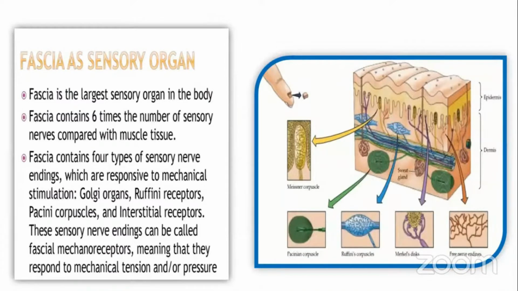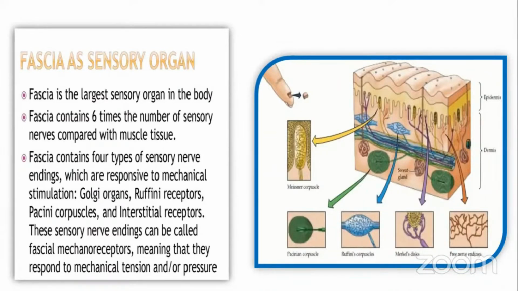Keempatnya ini sangat penting yang terkait dengan fascia ini, karena keempatnya ini bertanggung jawab pada stimulasi mekanikal atau mechanical stimulation, dan keempatnya ini Golgi organ, Ruffini receptor, Pacini corpusculus, correct me, and then interstitial receptor itu disebut dengan mechanoreceptor, yang berarti bahwa memberikan respon pada mechanical tension dan pada tekanan.